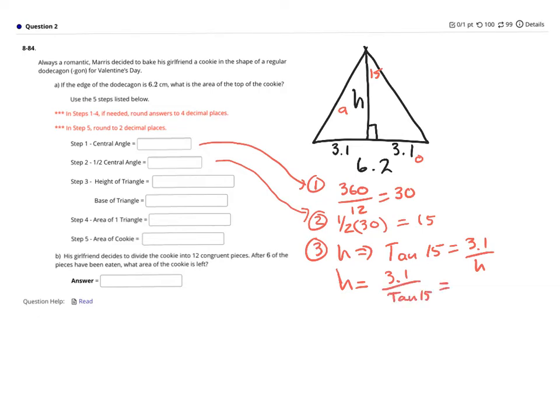When I get that answer and round it to 4 decimal places, I'll have 11.5694. To find the base, the base was given to us. That's just the length of one of the sides of the dodecagon, so that's going to be 6.2.